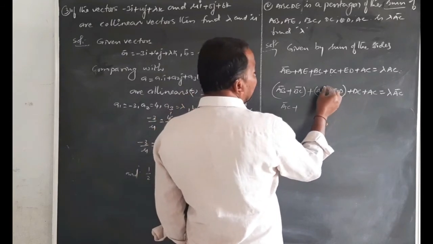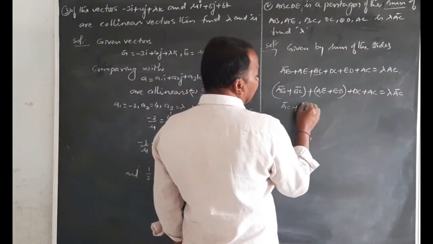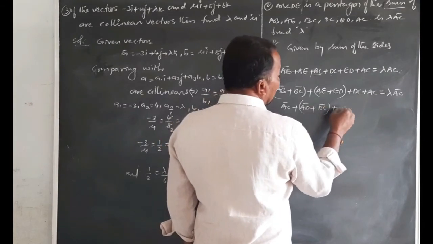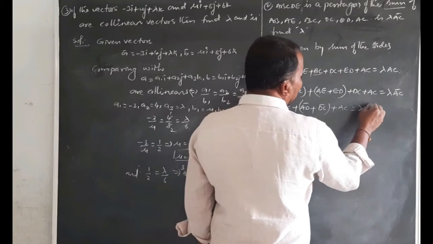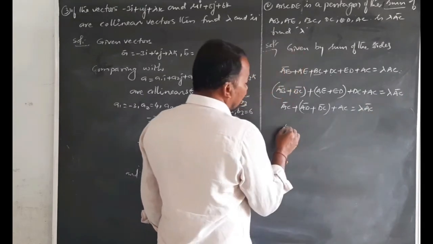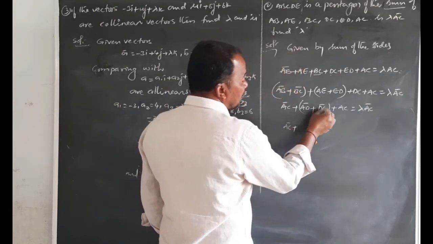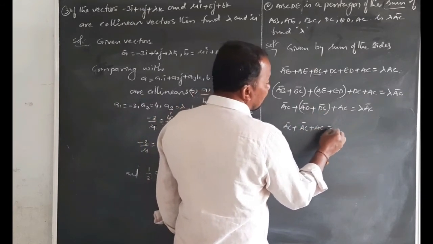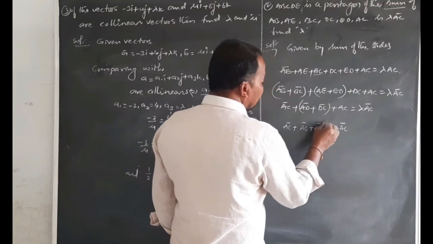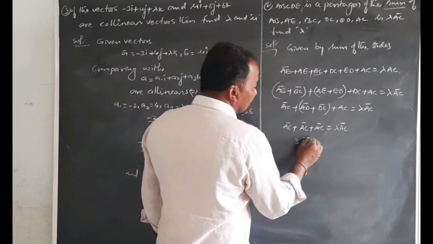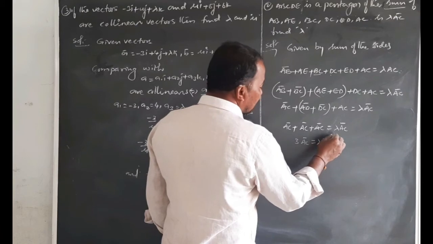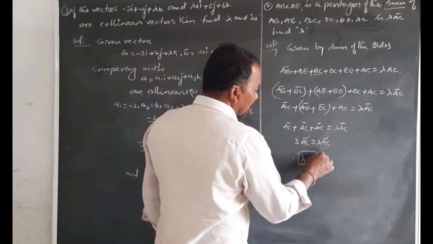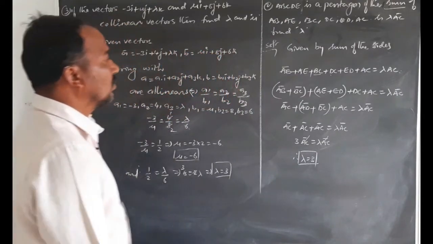AE plus ED, E cancels, gives AD. AD plus DC plus AC equals lambda AC. AC plus AD plus DC, D cancels, AC plus AC equals lambda AC. 3AC equals lambda AC. AC cancels, lambda equals 3. Most important problem.